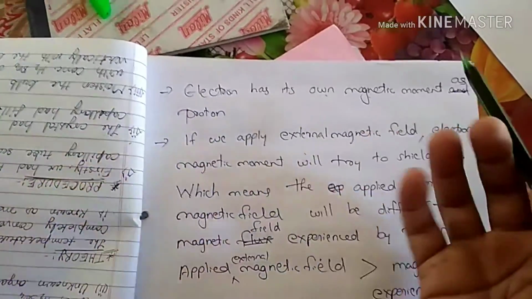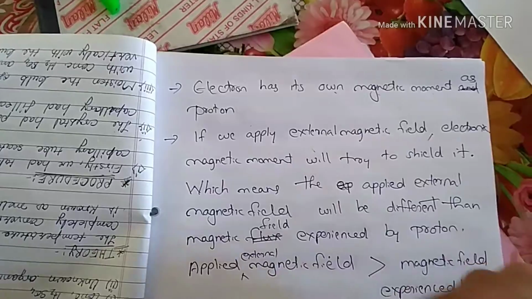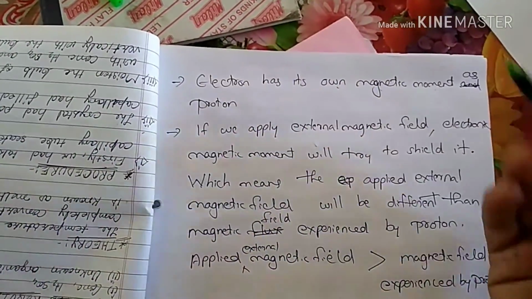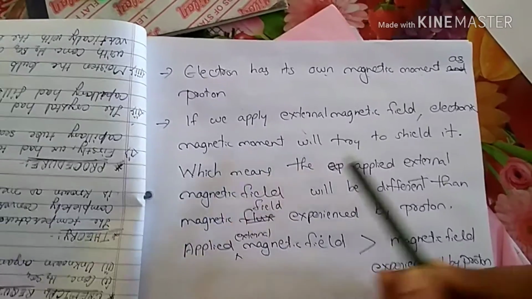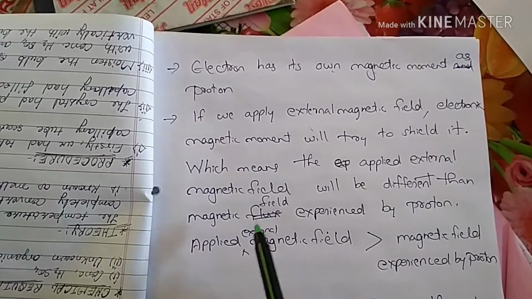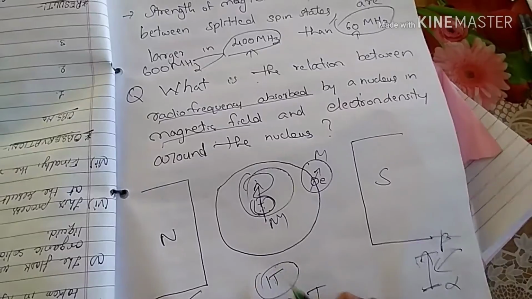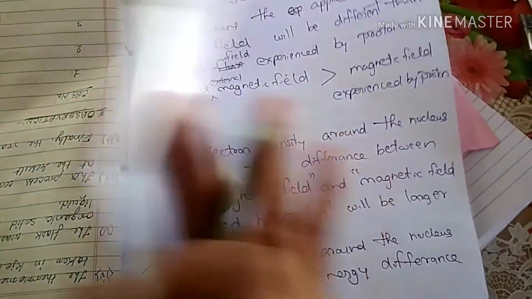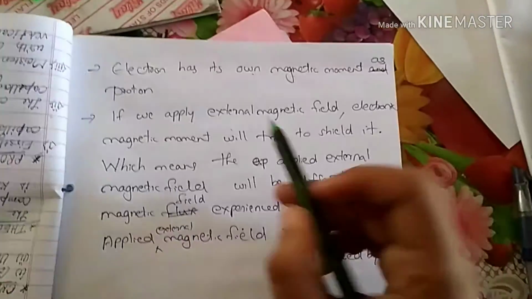It will only try; it can't shield completely. Which means the applied external magnetic field will be different from the magnetic field experienced by the proton. As I said, 1 Tesla is the applied magnetic field, but the field experienced by the proton is 0.99 Tesla. I will repeat it again.